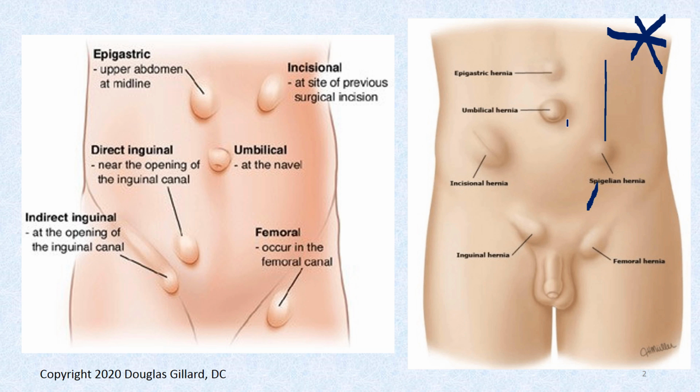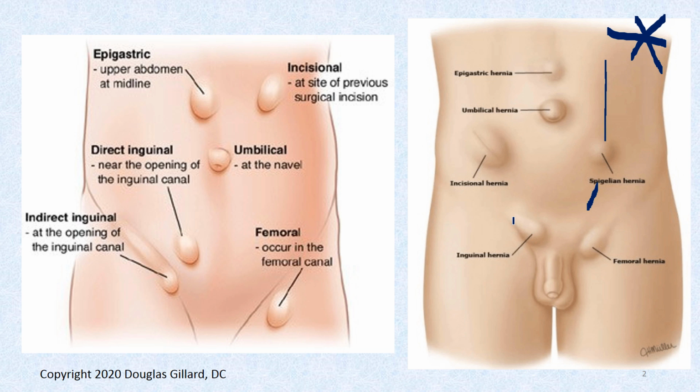The rectus abdominis muscle would be in between here, and the linea alba is what I was thinking of. At the linea semilunaris, you can get a herniation right between the external oblique, internal oblique, and transversus abdominis. Those are the flat muscles, or the side muscles. So you can get hernias right in that linea semilunaris, and those are called Spigelian hernias.